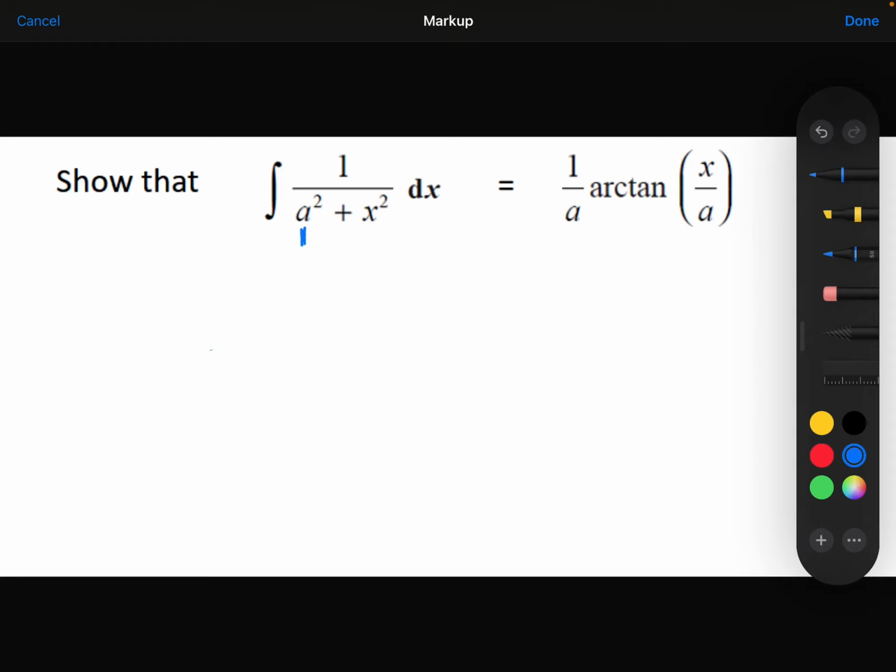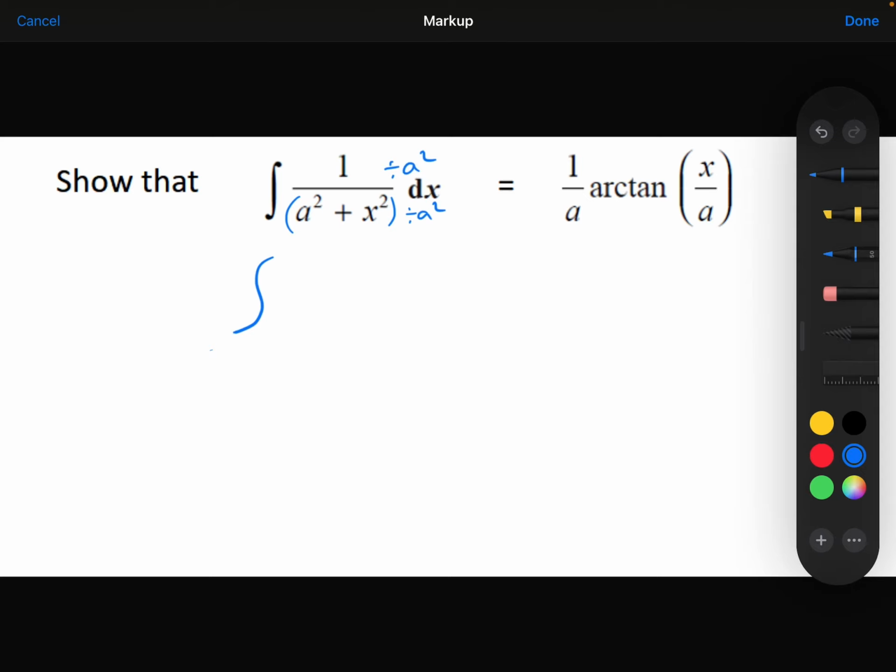And I can. What I'm going to do is divide my denominator by a squared. Obviously, if I do that, I would have to divide the numerator by a squared as well. But that's fine, we can deal with that.